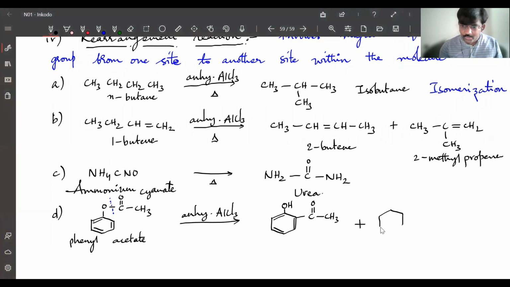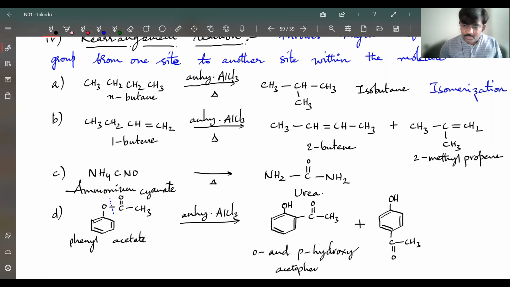That means now I'm getting ortho or para hydroxy acetophenone. Here OH and here C double bond O CH3. So these are ortho or para. Ortho and para hydroxy both will be coming. Ortho and para hydroxy acetophenone we got.